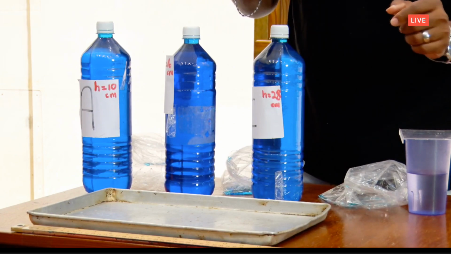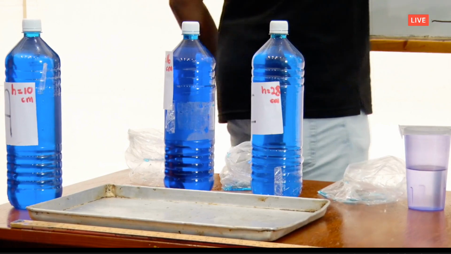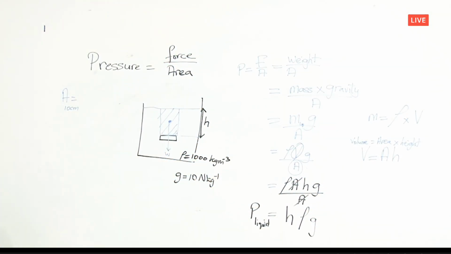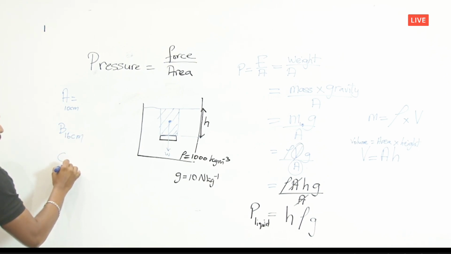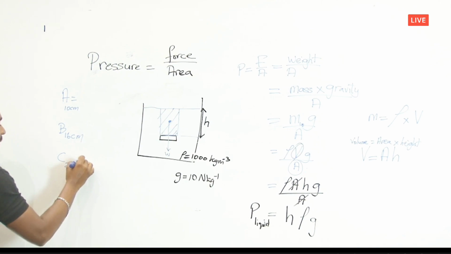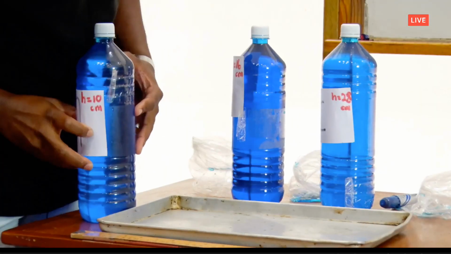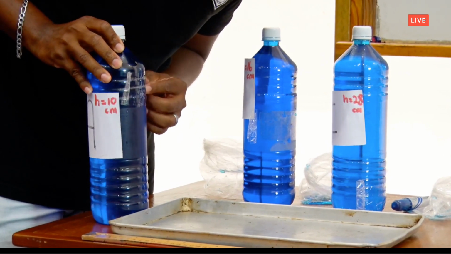Now what we're going to quickly do is prove that diagram, and actually see how far each of these goes. Firstly we have bottle A, which is 10 centimeters. We want to measure in centimeters how far it goes. Bottle B, which is 16 centimeters. And bottle C, which is 28 centimeters. We want to see how far that water shoots.